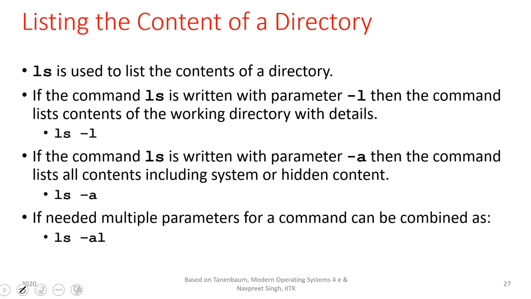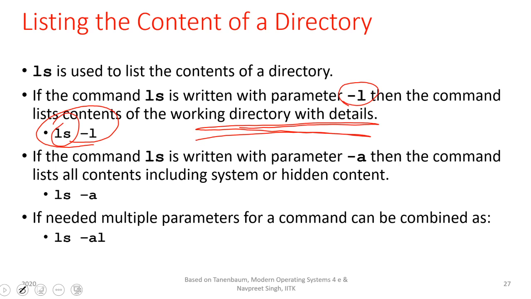Then we can do the listing command for listing everything that is in the contents of a directory. We can use the l option to list with details. If we just do ls, it will only list the names. If we do ls -l, it will list everything else.